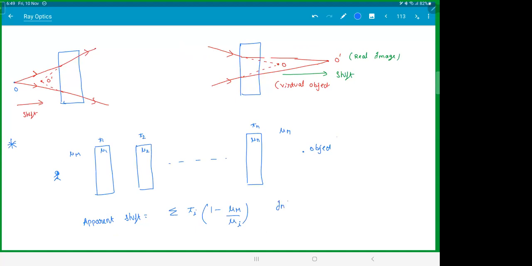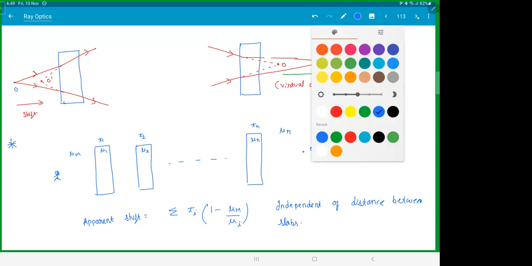This is independent of position of the slabs. You can keep them anywhere. You can keep them together. You can spread them. You can touch them. You can keep distance between them. I don't care. This is the shift. That is the final formula.